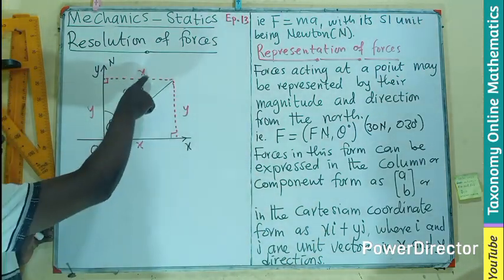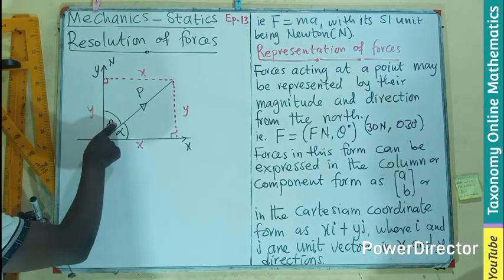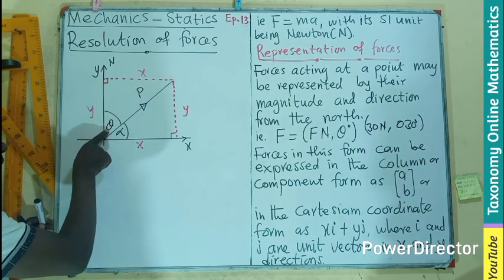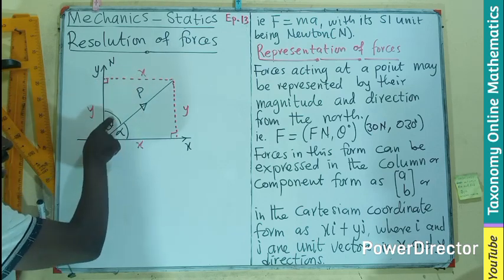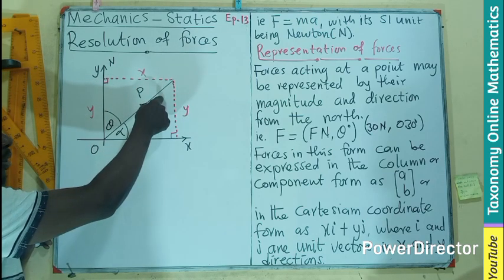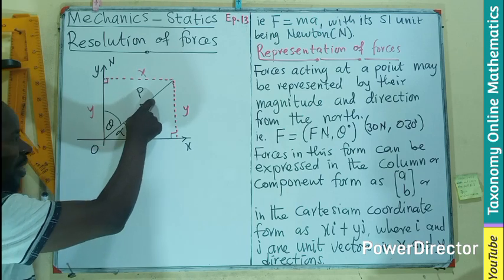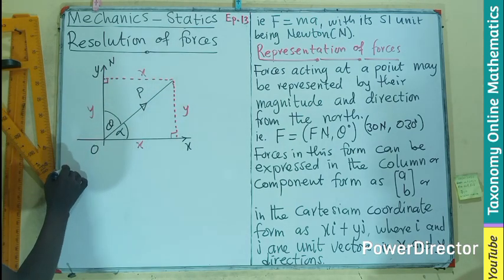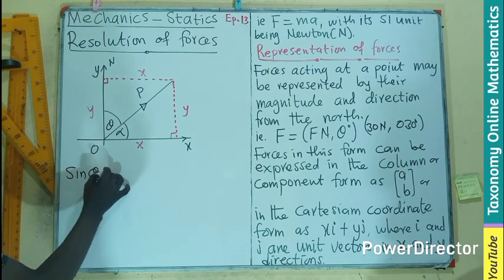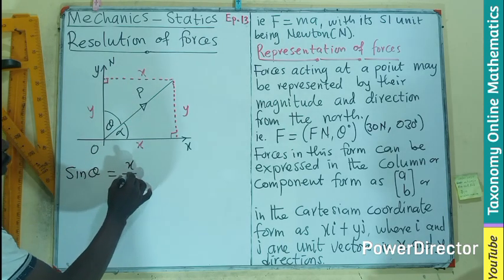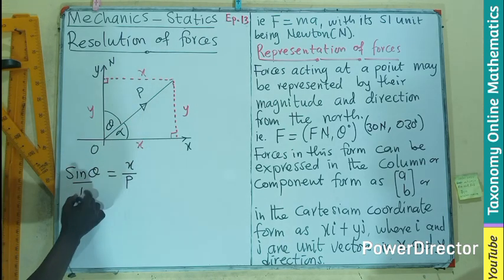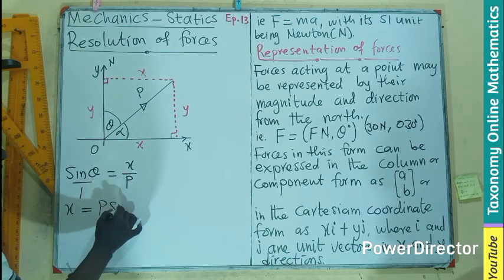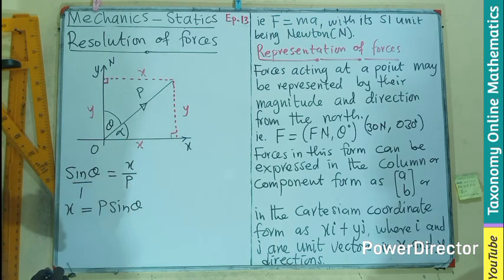Now, if I want to know the x component, and I know this angle, this is a right angle triangle. So theta is opposite to x here, this is adjacent, and this is the hypotenuse. So sine theta equals the opposite side over the hypotenuse. Cross multiply, and x equals P sine theta.